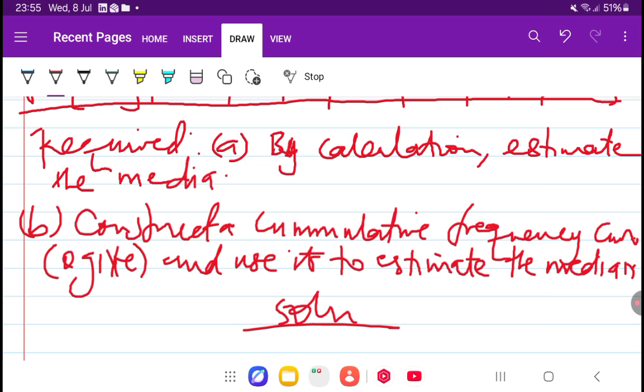So if you don't know how to draw the ogive, just go to our previous video lecture and go through it, so you can find the median from the ogive after understanding how to draw it. So the steps: we get the cumulative frequency, then we get the class boundary, and then we substitute in the formula.